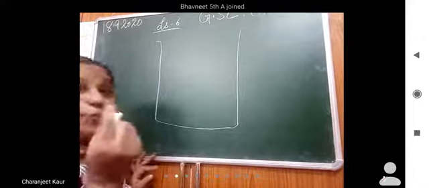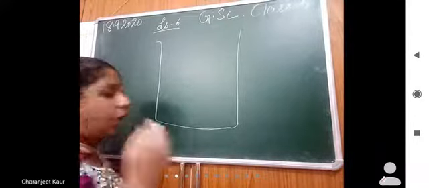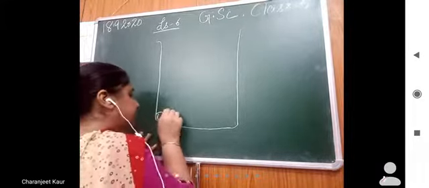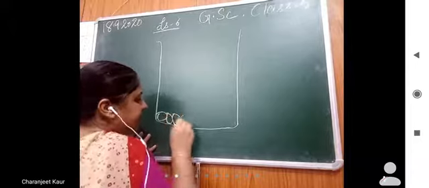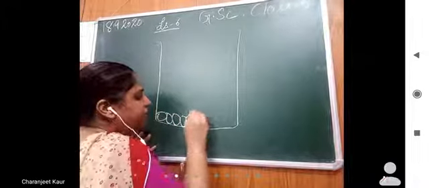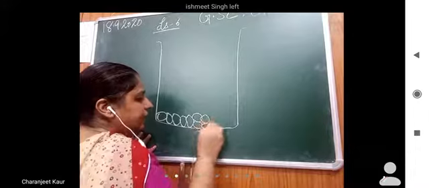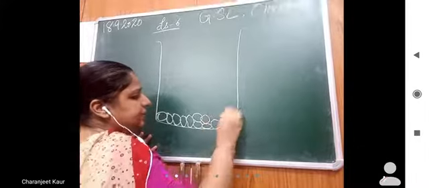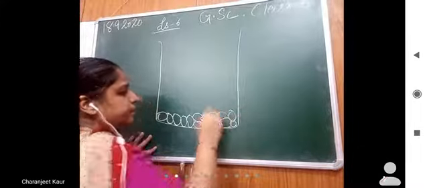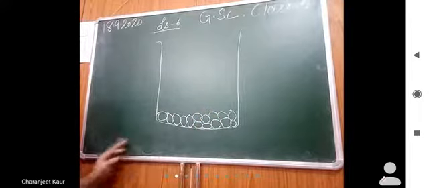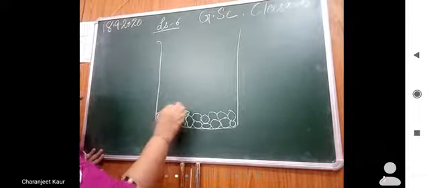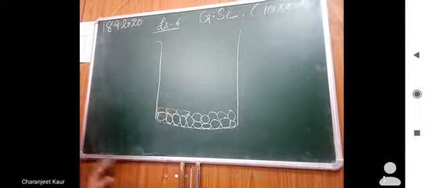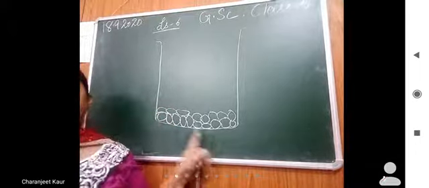जो मोटे मोटे पत्थर होंगे, ग्रेवल होगी, रॉक पार्टिकल्स होंगे, like this. जो चीज सबसे हैवी होगी वो सबसे नीचे सेटल हो जाएगी, right? Is that clear? Gravel, rock pieces.